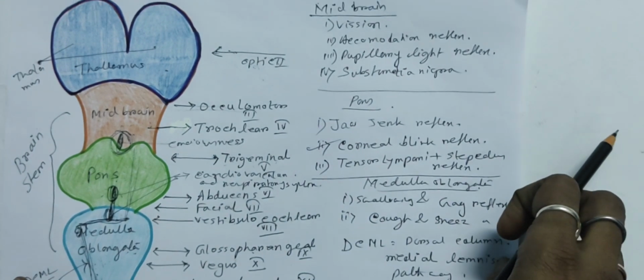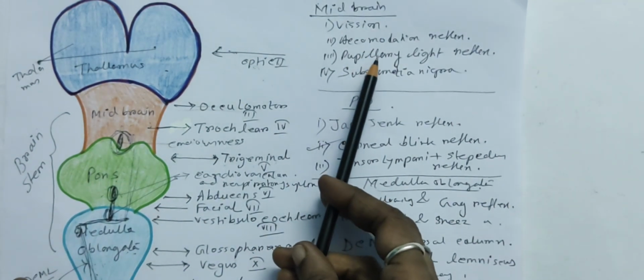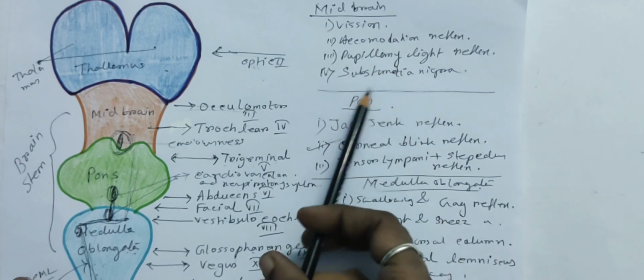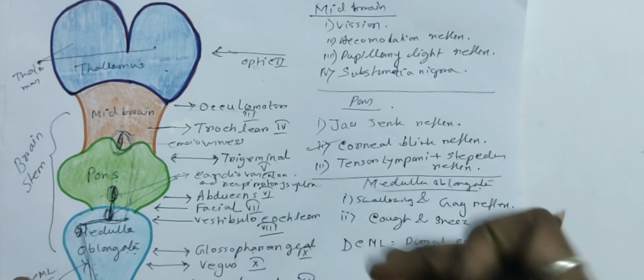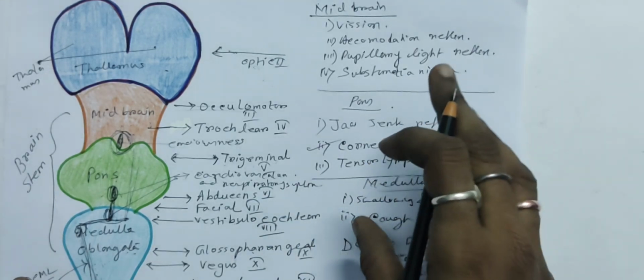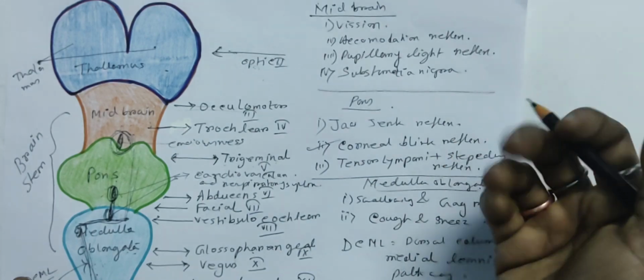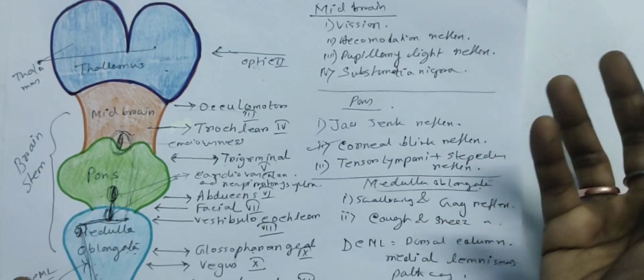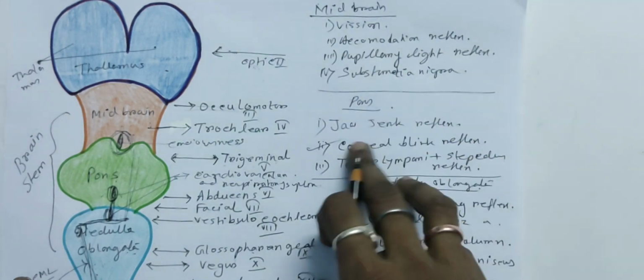Now the midbrain is associated with vision, accommodation, the pupillary light reflex, and the substantia nigra, which is associated with the dopaminergic system. Due to degeneration of this nerve, someone may develop Parkinson's disease.